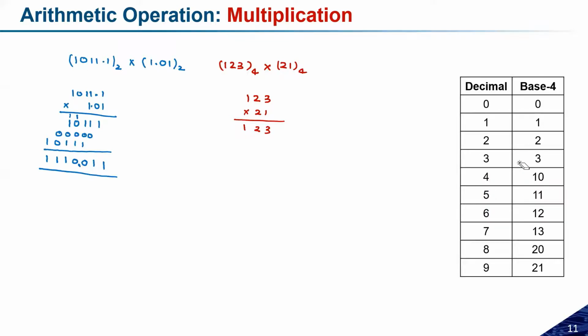This is how we can convert into other bases. So if I multiply 2 with 3, in decimal it comes to 6, but in base 4 it is not 6. We have to write it as 2 and 1.